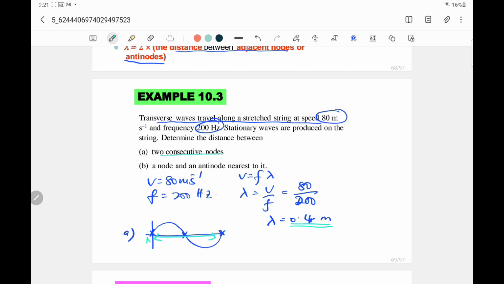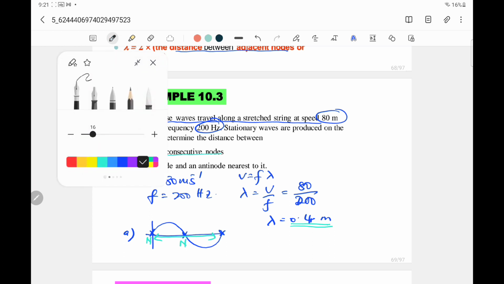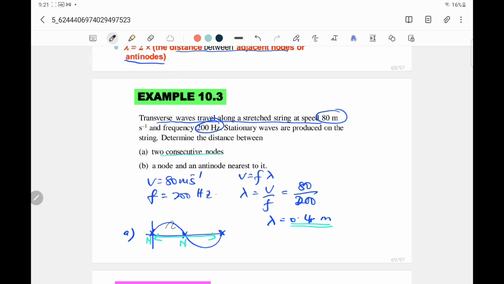So from this node to the next node we have lambda divided by 2, so half lambda. We have 0.2 meters.